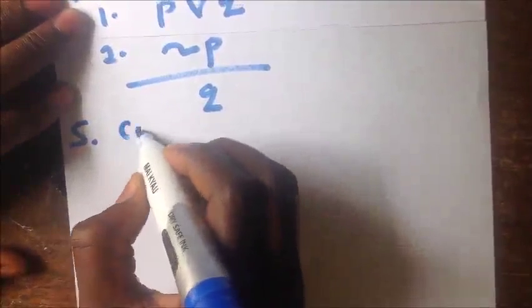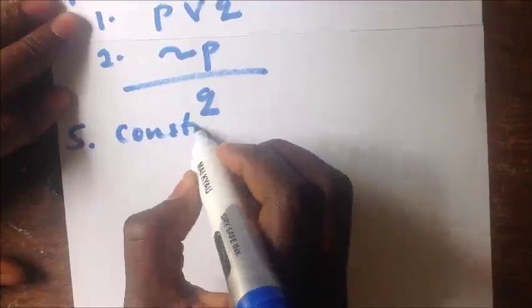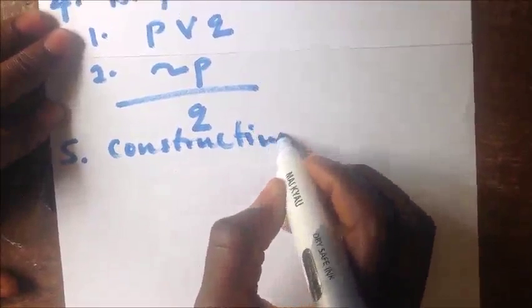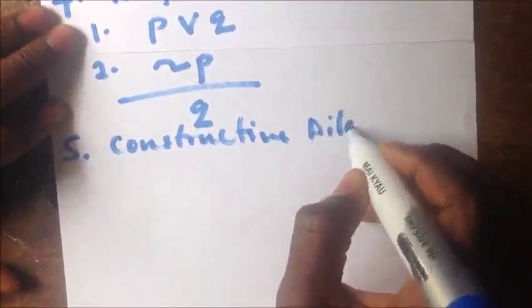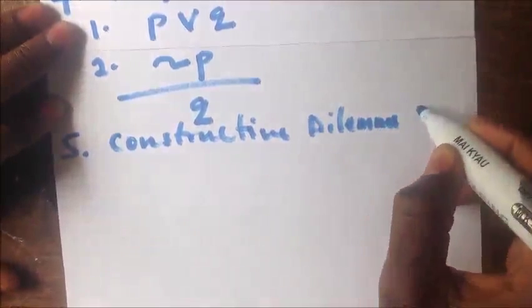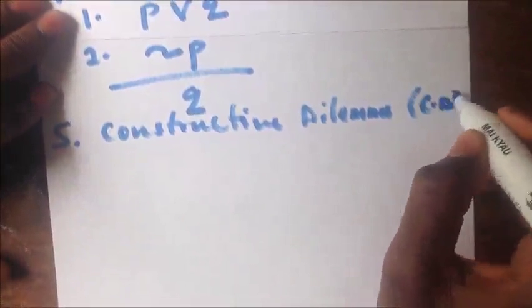In the next one, we have number 5, which is what you call constructive dilemma, approximately CD.